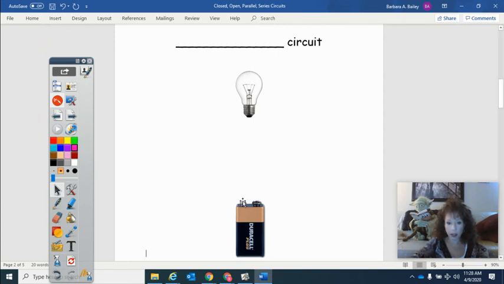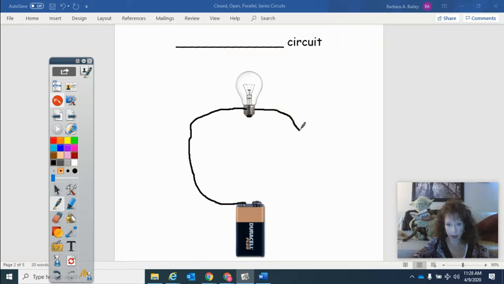So again, it's going to come out my negative terminal, the electrons, and it's going to go to my light bulb or whatever type of load I'm trying to power. And then it's going to come back around to my positive terminal. All right, so I'm going to label these. This is my negative. This is my positive.